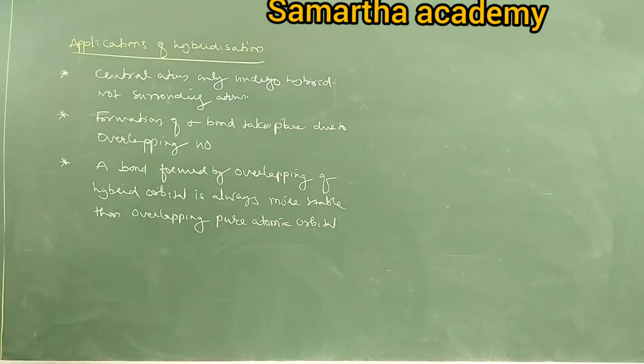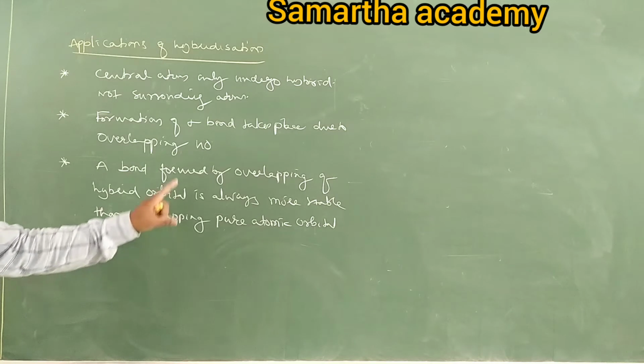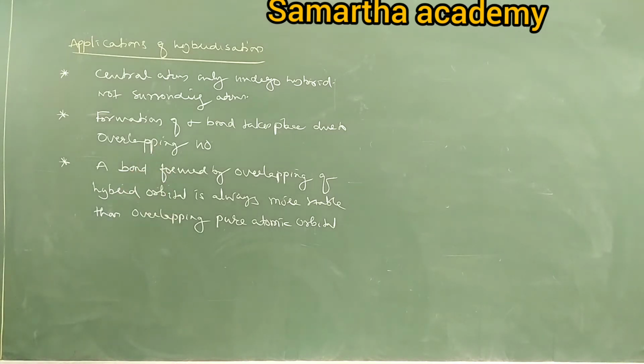Therefore a bond formed by overlapping of hybrid orbitals is always more stable than overlapping of pure atomic orbitals.